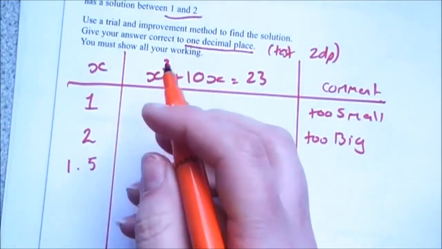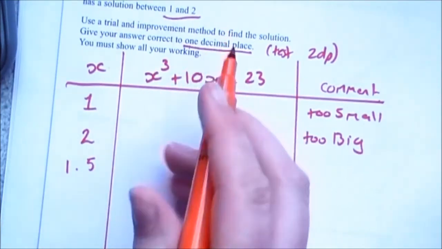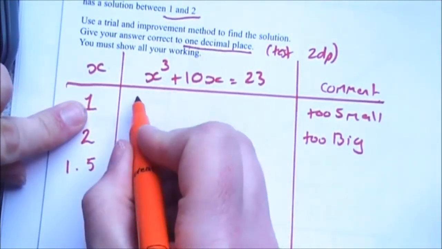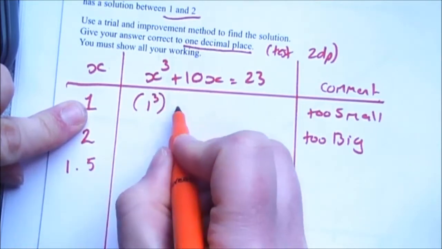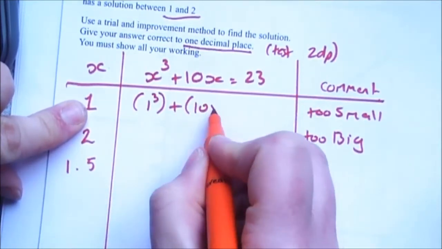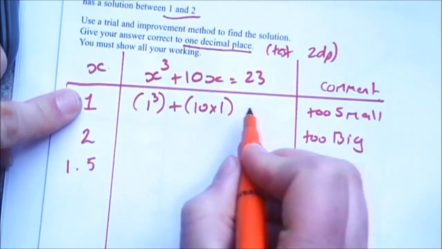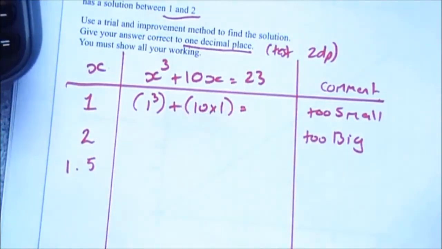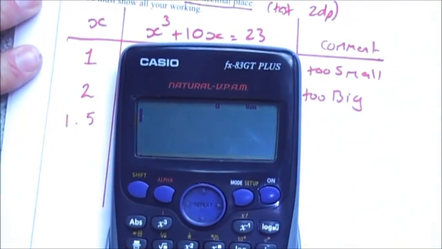So let's have a look at this, and we'll put it in the calculator. Now, we want to do 1 cubed plus 10 times 1, and we want to see what that equals. So here's my calculator.